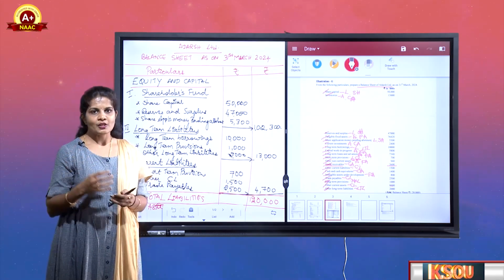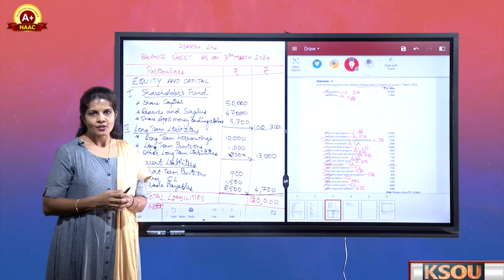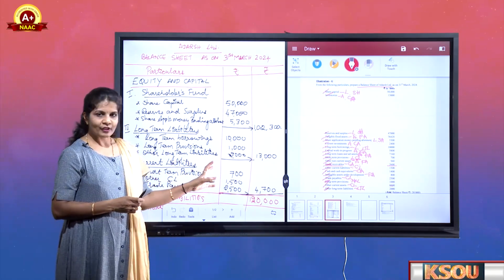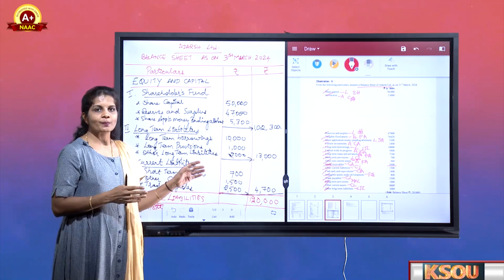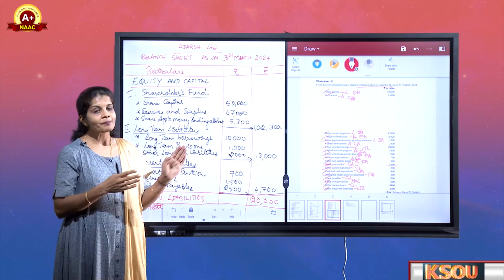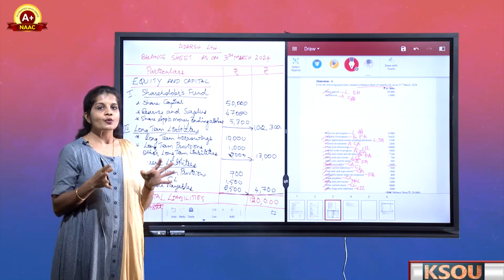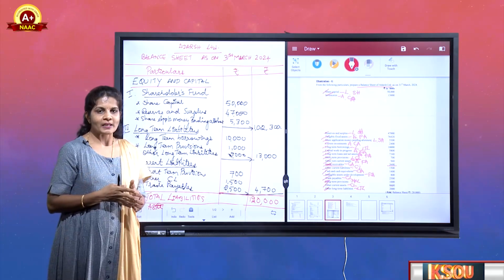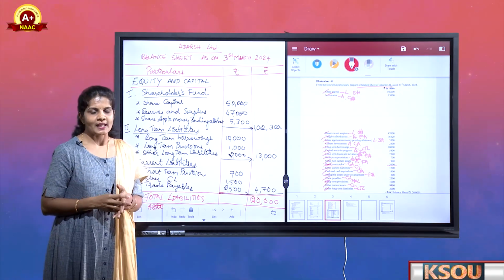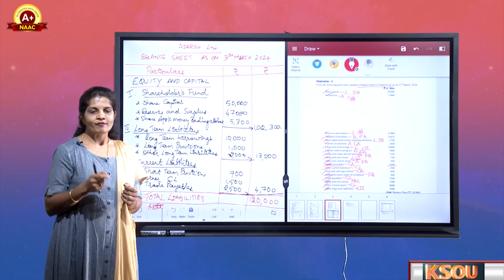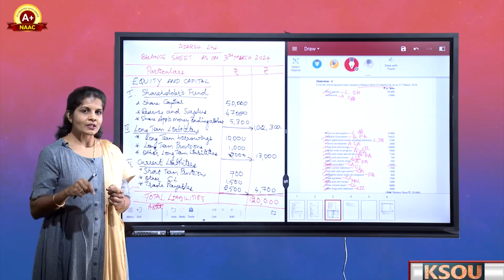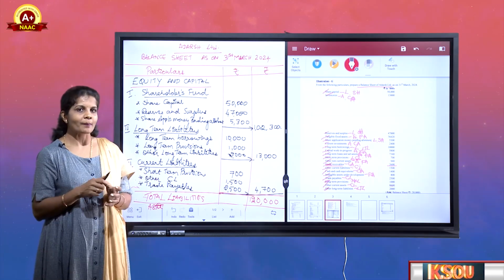Whatever I have discussed so far over all these days was to prepare the statement of profit and loss and the balance sheet separately, to make you understand how the format should be and where each item should be taken. Okay, in the next class let us discuss the problem which will have both preparation of the statement of profit and loss and the balance sheet.